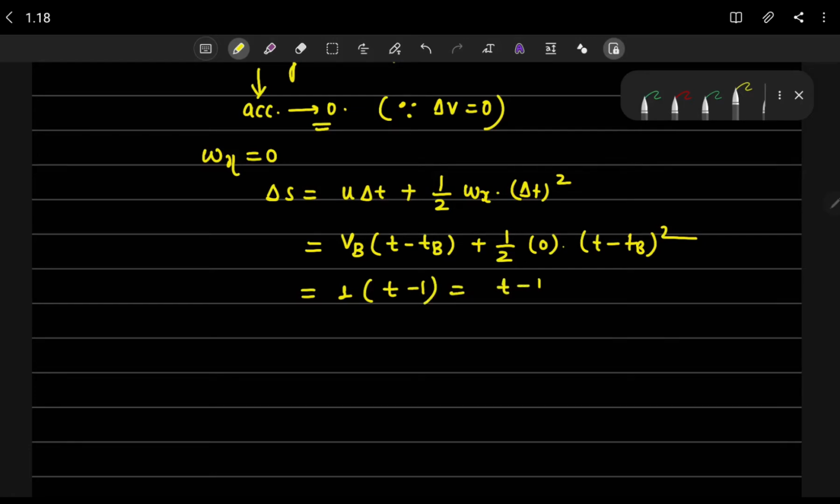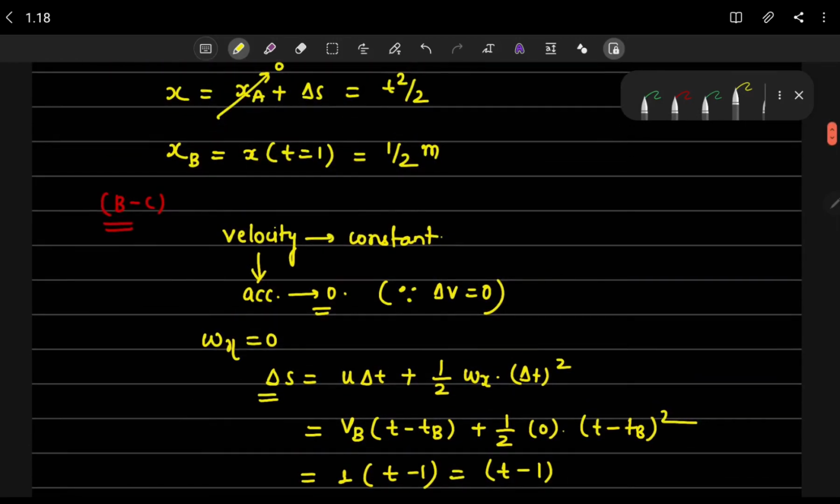This is the displacement in this region.